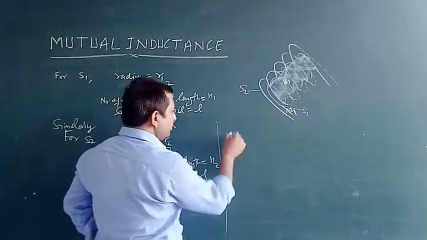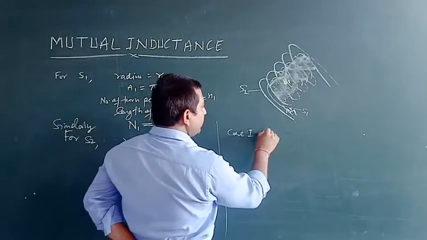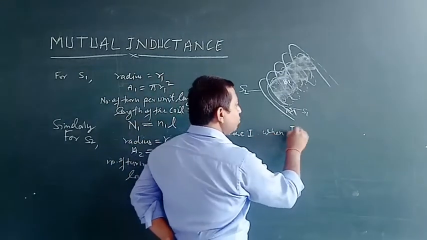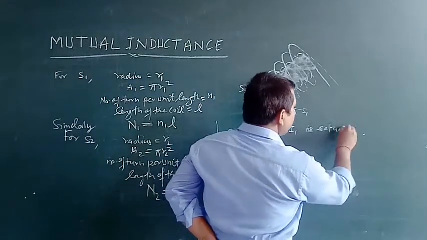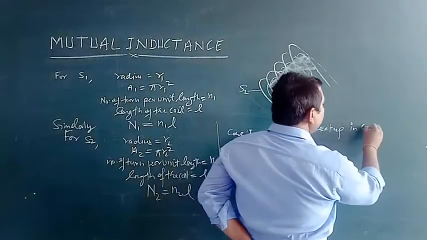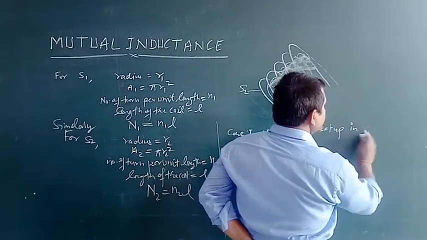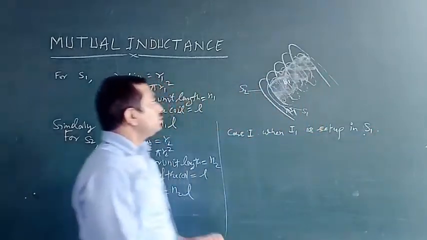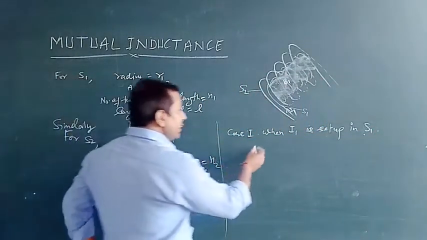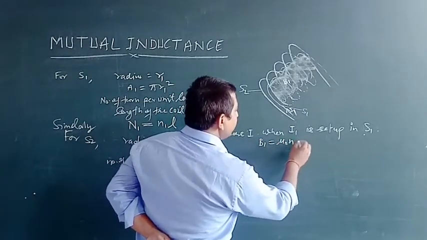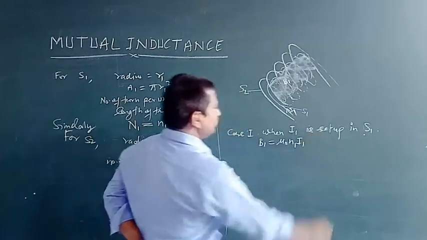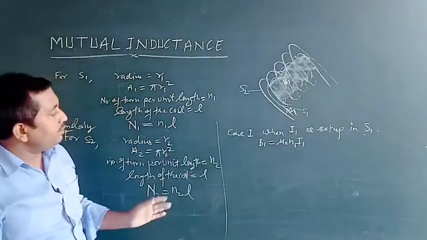So case 1, when I1 is set up in coil 1, in S1, the magnetic field inside the coil is equal to mu 0 n1 I1.